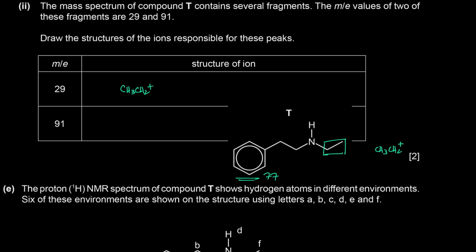A CH2 is how much? CH2 would be 14, right? So what if the bond broke over here? What would this fragment have a mass of? A 77, C6H5, plus a CH2. That would be 91. So the fragment here would be C6H5CH2 plus.